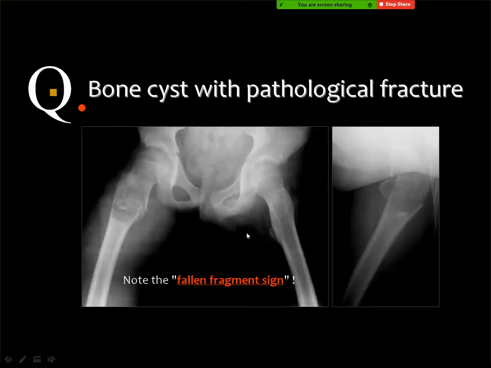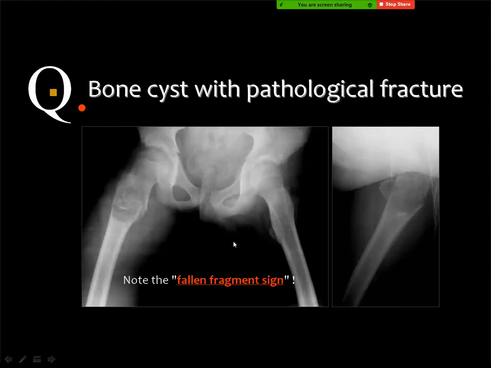But you should remember one important sign, that is whenever the simple bone cyst is fractured and you get hemorrhage inside the cyst, this hemorrhage will form a fluid level inside the cyst. Then on MRI, if you see a fluid level, you may mistake this cyst for an aneurysmal bone cyst.